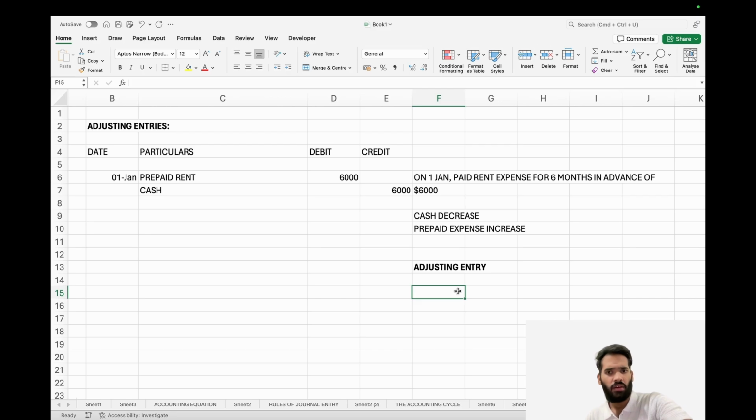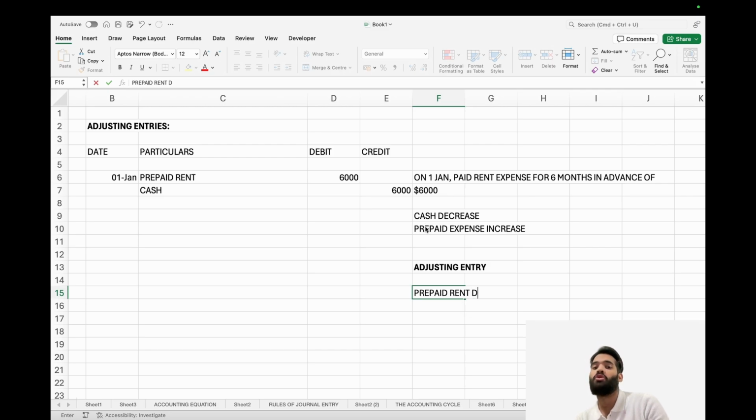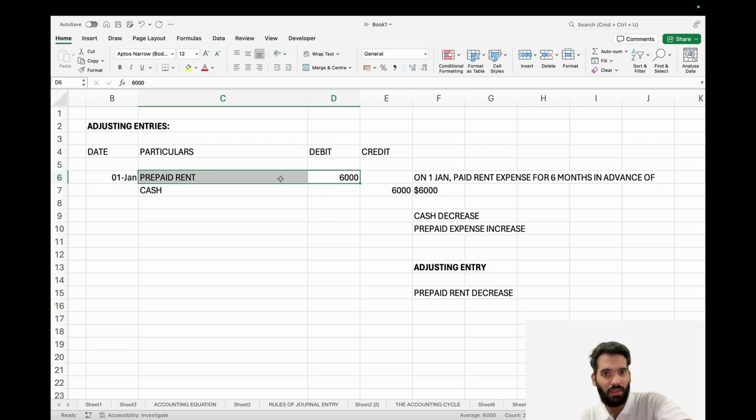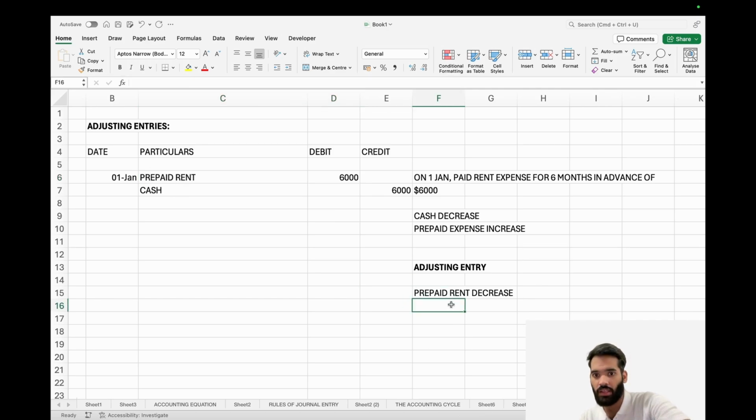So first, obviously we know, since I paid money in advance, but by the end of the year I have used it all already, so my prepaid rent account should decrease, because this 6,000 as a prepaid doesn't exist anymore. I have used it all. And we also learned a principle which is called accrual basis of accounting, that says the moment you have used an expense, you should record the expense.